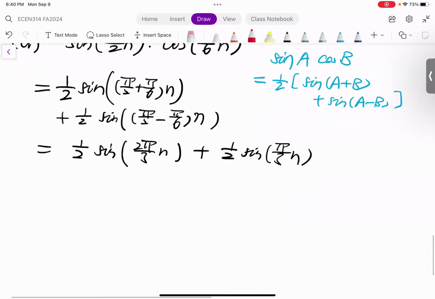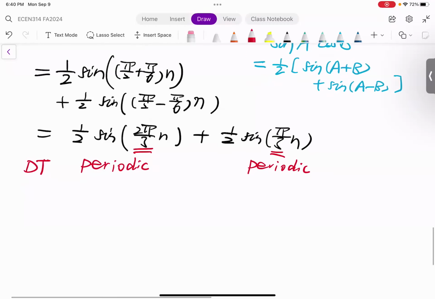Again, because these values are rational multiples of pi, I have a sum of two discrete time periodic signals. The 1/2 doesn't matter because it only scales vertically, at every point n. So I have two periodic signals, right?